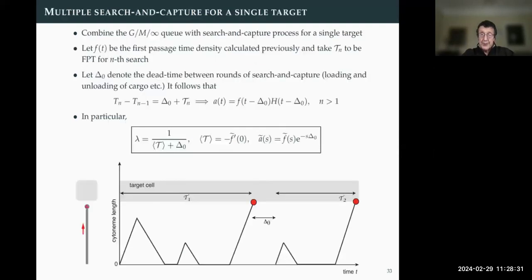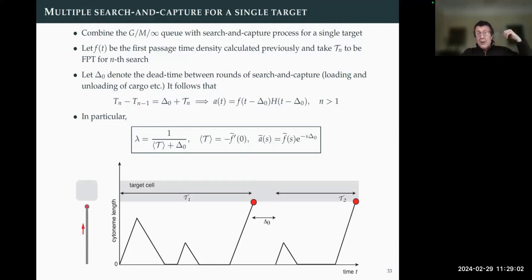Okay, almost done. I should make one point. This is just giving the point that now you combine the two theories by taking the arrival statistics to be generated by the search and capture process. So indeed, this lambda appearing in Little's law is given by the inverse of the first capture time, and then I'm allowing for a dead period before the next search and capture process occurs.